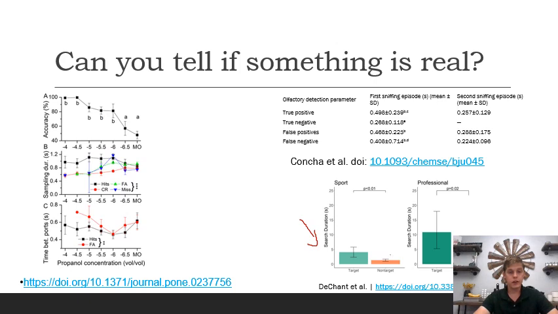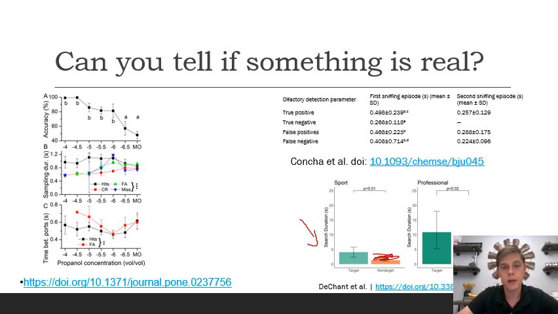This is what we would call a correct rejection, or according to this study, a true negative. The dog really didn't have any target odor here, and they sniffed for a very short period of time. But here would be a miss where the target odor was, so this would be a false negative. You can see from our study that the false negatives had more sniffing. They spent more time sniffing where the target odor was versus where the non-target odor was.